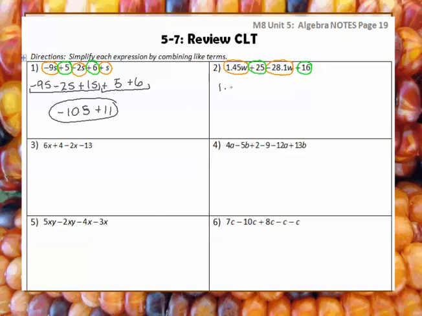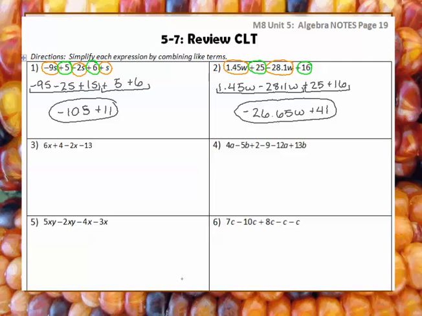So I have 1.45, remember your letters go first, w, minus 28.1w plus 25 plus 16. If I combine my 1.45w minus 28.1w, I get negative 26.65w, and then a positive 25 plus 16 gives me a positive 41, and that's my final answer.